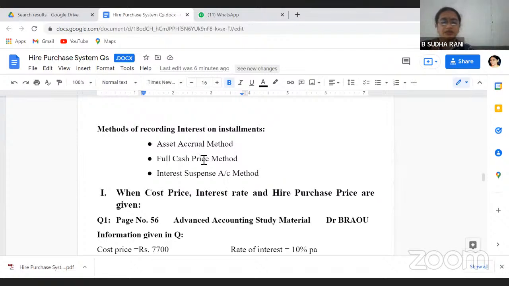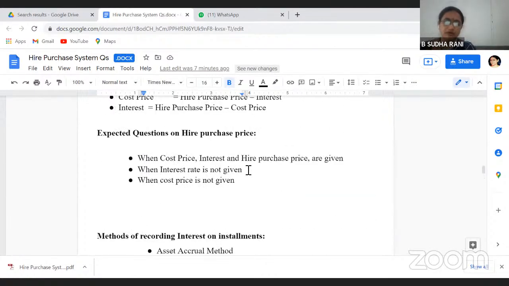Under these three methods, the transactions are recorded in the hire purchaser's and vendor's books. So these are the methods of recording interest on installments.